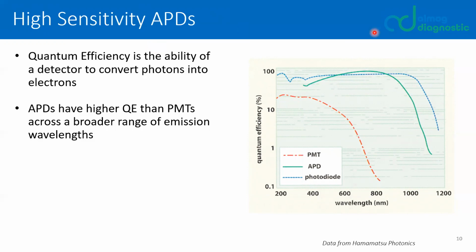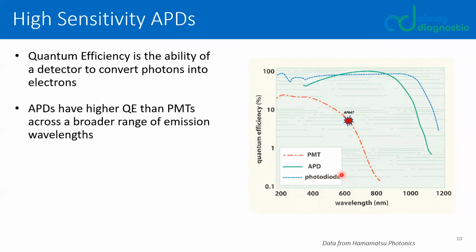You can see on the graph here that APDs have much higher quantum efficiency than PMTs across a broader range of emission wavelengths. If we look at the efficiency of the PMT, you can see that it drops very early, at around 500 nanometer wavelength.